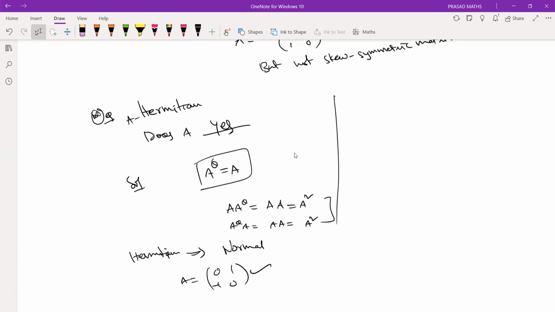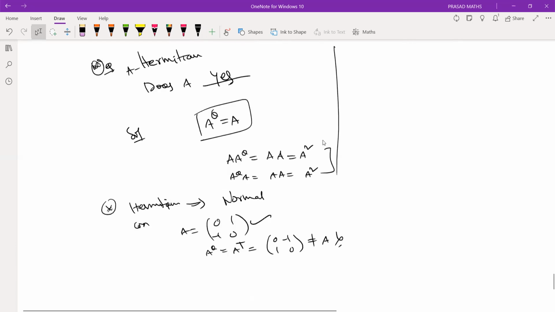We have seen that. The question is, is it Hermitian? A theta is nothing but A transpose itself. What is A transpose? 0, 1, minus 1, 0. Is it A? No. Therefore, the converse in general may not be true.